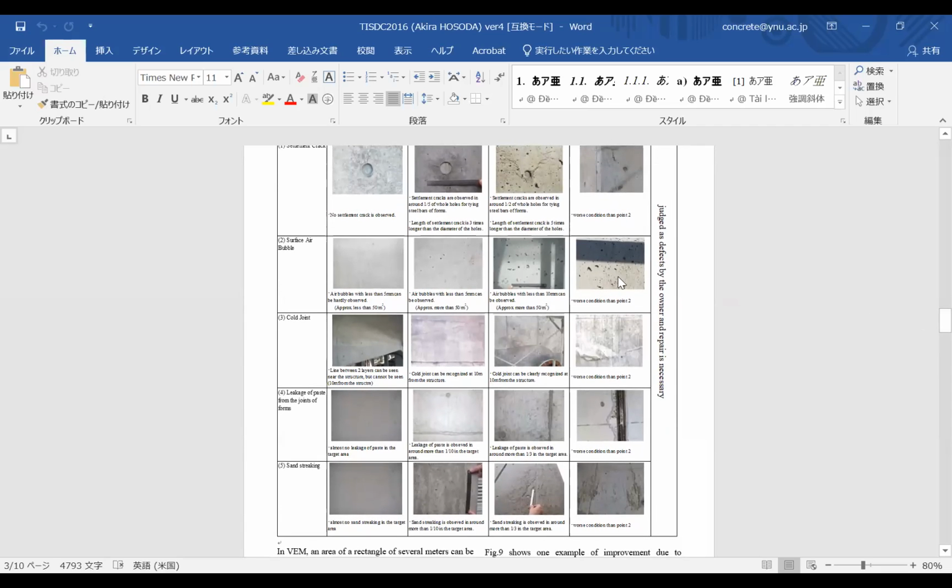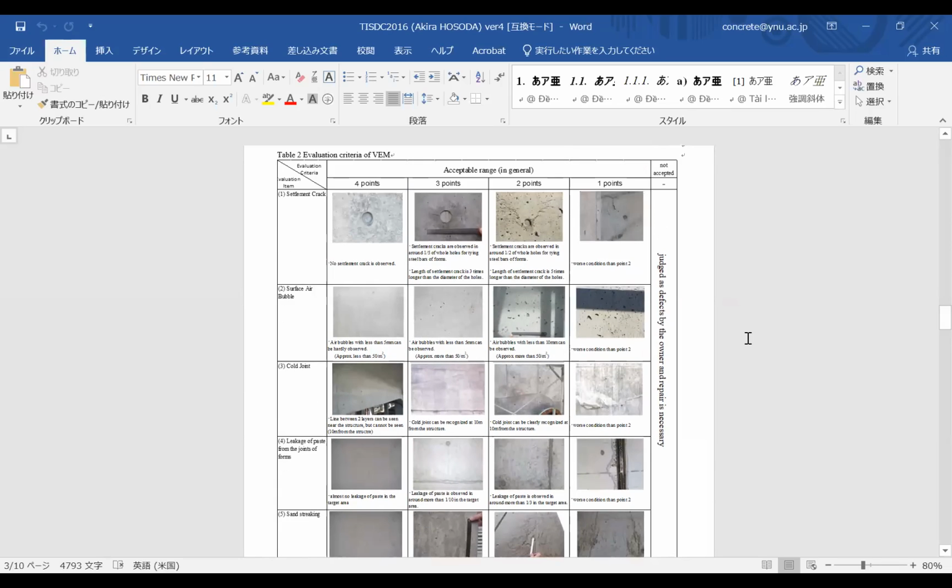If the quality of construction, if the quality of concreting work is poor, you can find the evidence on the surface of concrete. You can observe the evidence of poor construction on the surface of concrete. So concrete is honest. Concrete is a kind of teacher to you.